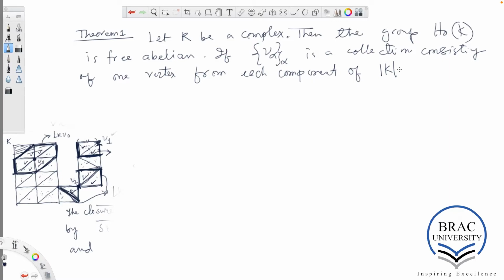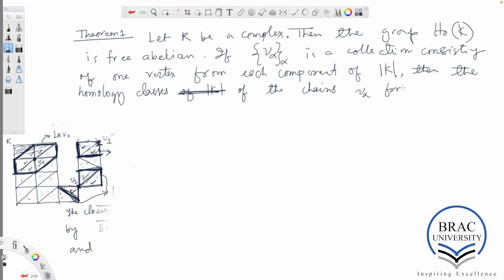All right. Then the homology classes of the chains V alpha form a basis for H0 of K. What I mean by homology classes of chains is the following.